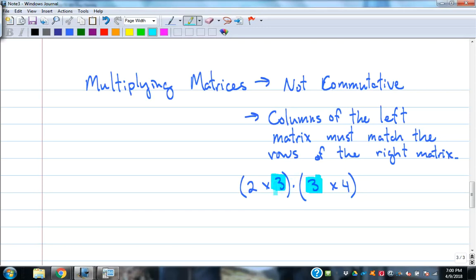If what's here in the middle doesn't match, then it's not defined. So size of your left matrix, size of your right matrix. The numbers that are touching each other in the middle have got to match. If they don't, then it will not multiply. When you do that multiplication, like this one does match, the answer is these things on the outside. A 2 by 4 is what the solution gets.